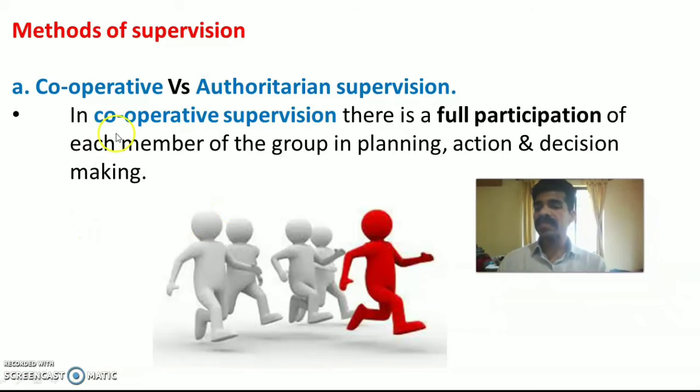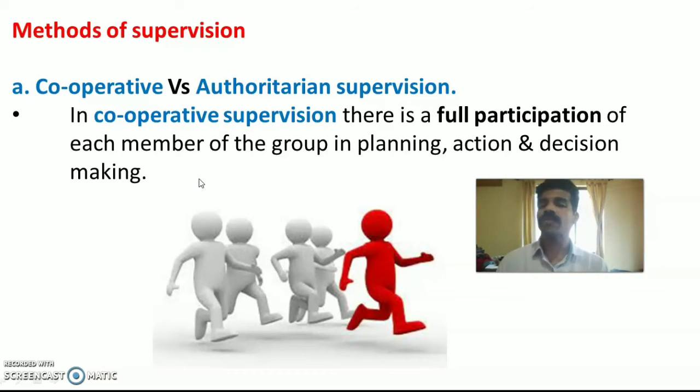The first category is cooperative versus authoritarian supervision. The first method is cooperative supervision. In cooperative supervision, there is full participation among the employees or workers. So there is full participation of each member of the group in planning, implementing, and making various decisions in the work settings or during activities.